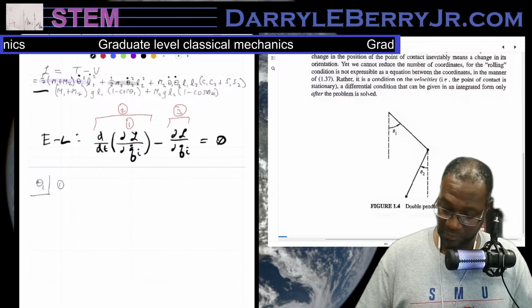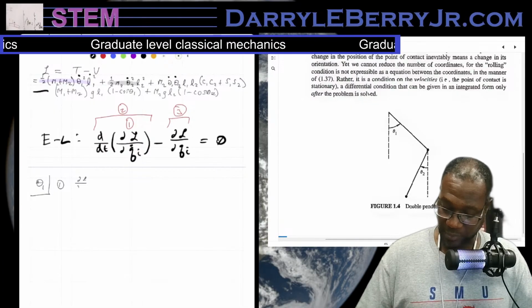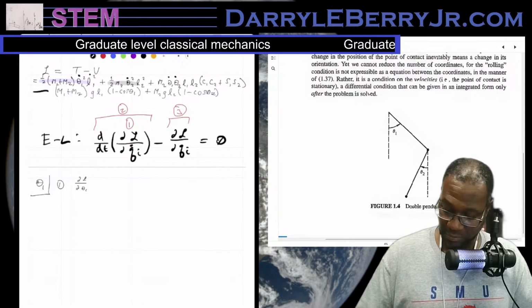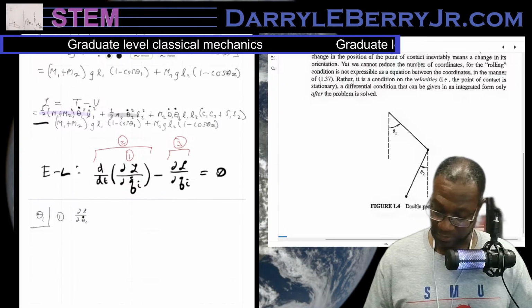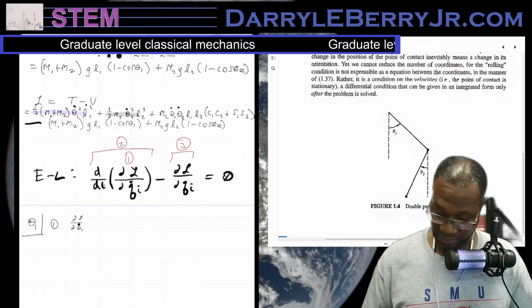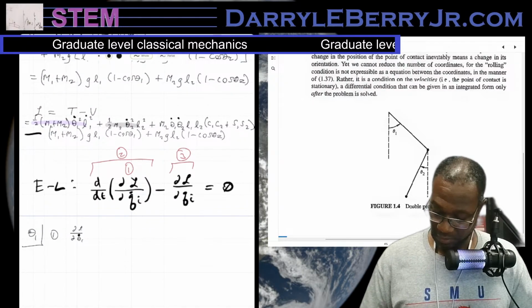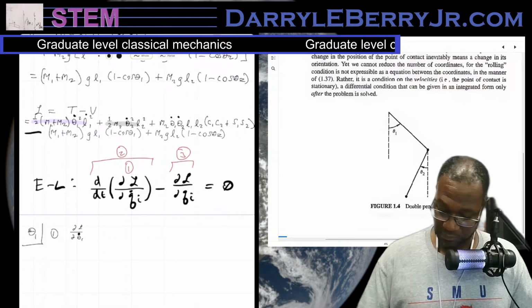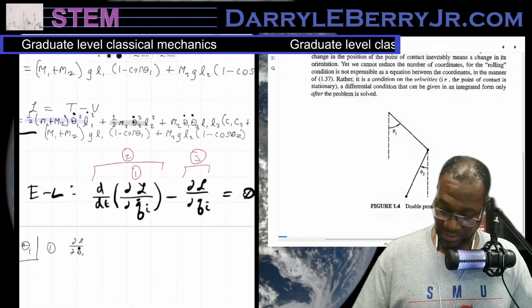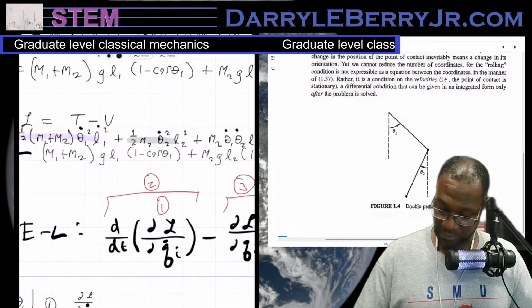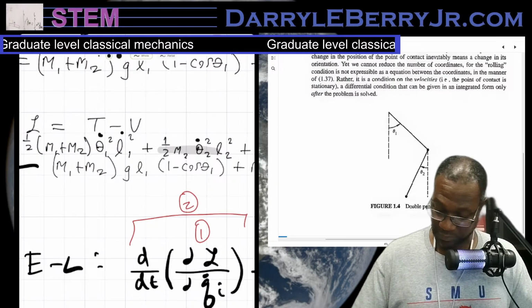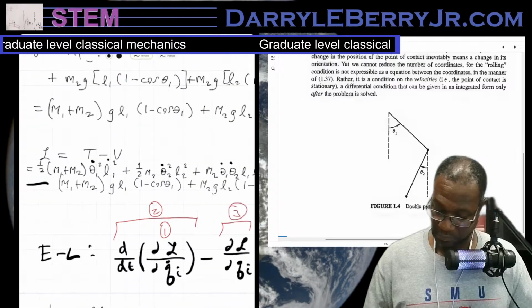So first, the partial of L over the partial of theta 1 dot is going to be, okay, look at all of this ugliness here. I see two things with theta 1 dot. Wish there was an easy way to delete this purple line. Let's see if I can delete it without too much fanfare. Yep, that wasn't too bad. All right.